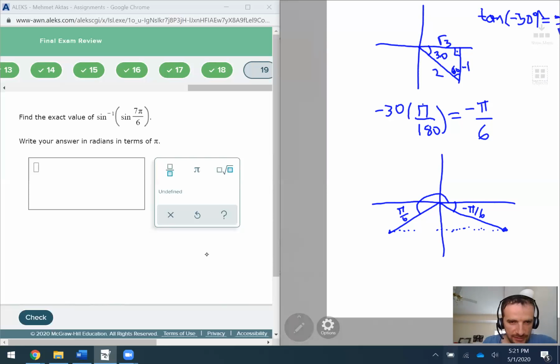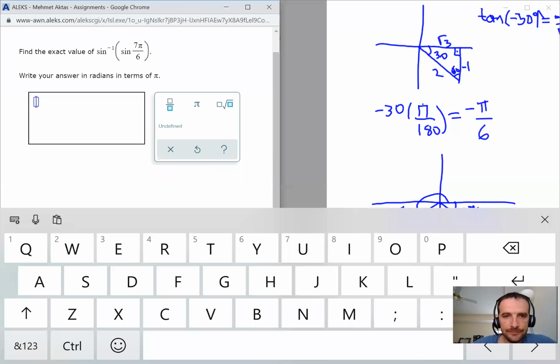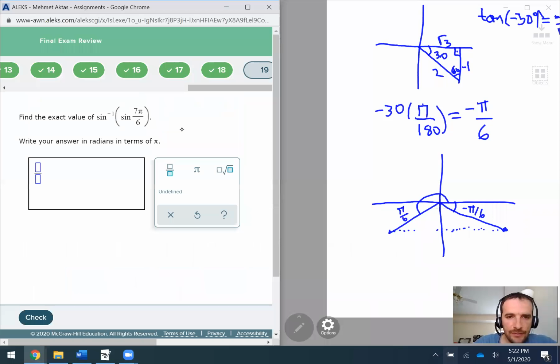Let's try to put that answer. I know it will be slow. Negative pi over 6. Let's check the answers.